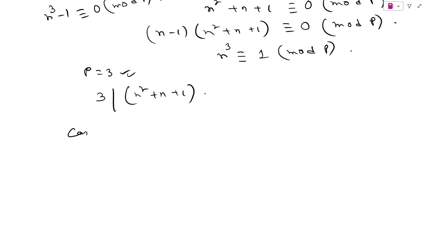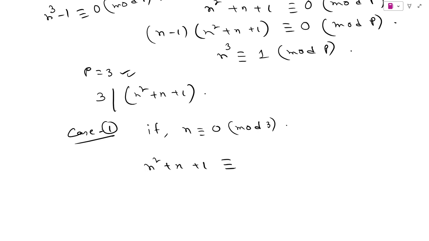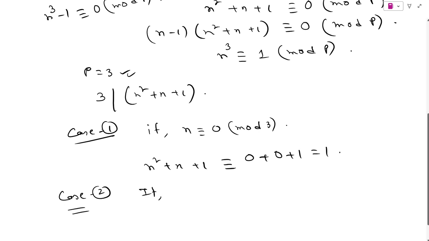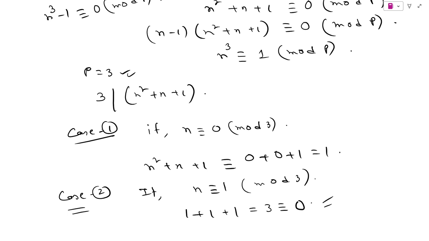Case 1: N is congruent to 0 mod 3. Then N square plus N plus 1 is 1, not divisible by 3. Case 2: N is congruent to 1 mod 3. Then N square plus N plus 1 is 3, so this works.